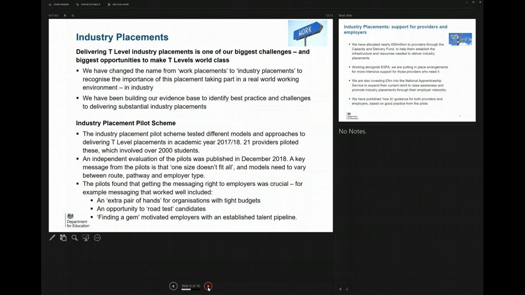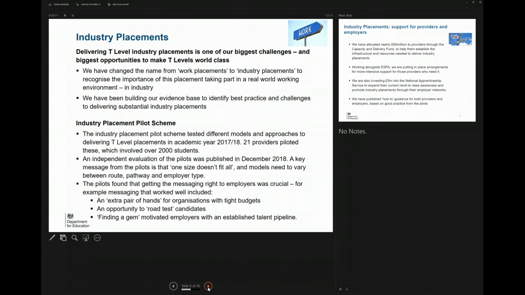One of the key things that we recognise is that one size is not going to fit all when it comes to industry placements, and that we're going to need to flex our models and flex the support available between different routes and pathways. The pilot found that getting the messaging right to employers was really critical, and in particular being as clear with employers about the benefits that having an industry placement student can offer.